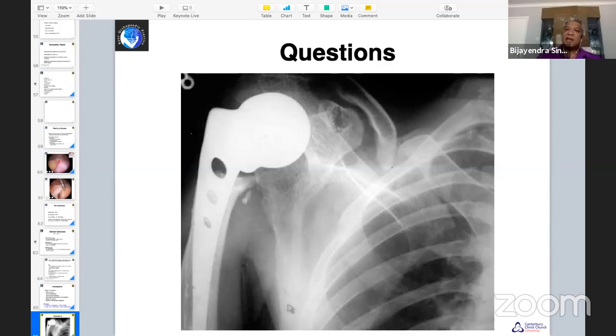Yeah, so as I said, a lot of these studies actually focus on the 6 months or a year down the line. So yes, whether you do it open or arthroscopic, 1 year outcomes are no different.